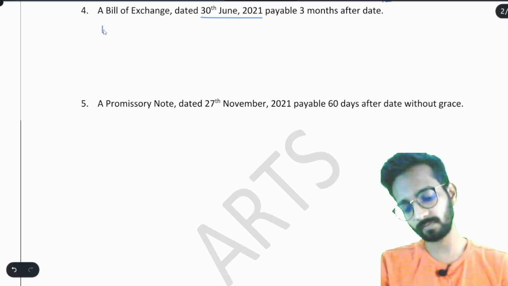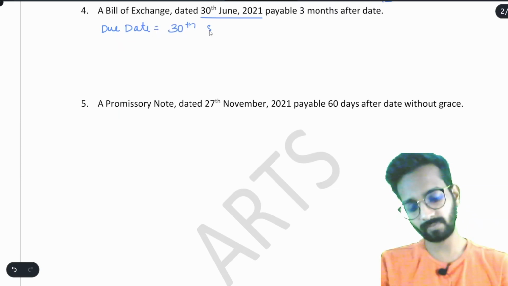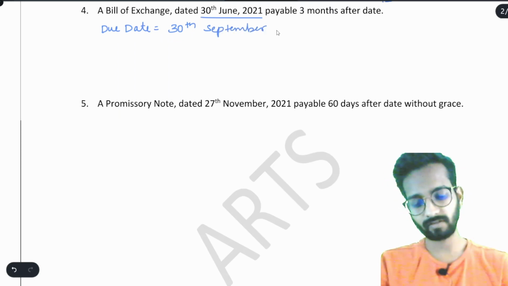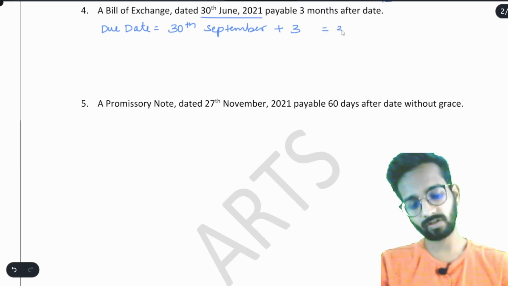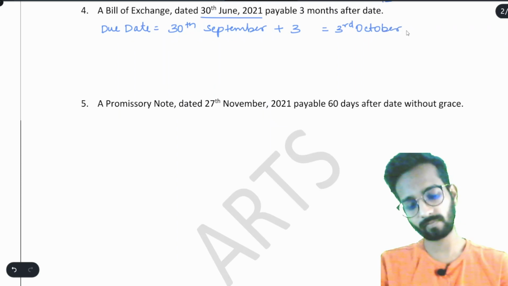So you can say due date is equal to 30th September, and what are we supposed to add? We have to add 3 days and it will become 3rd October 2021.